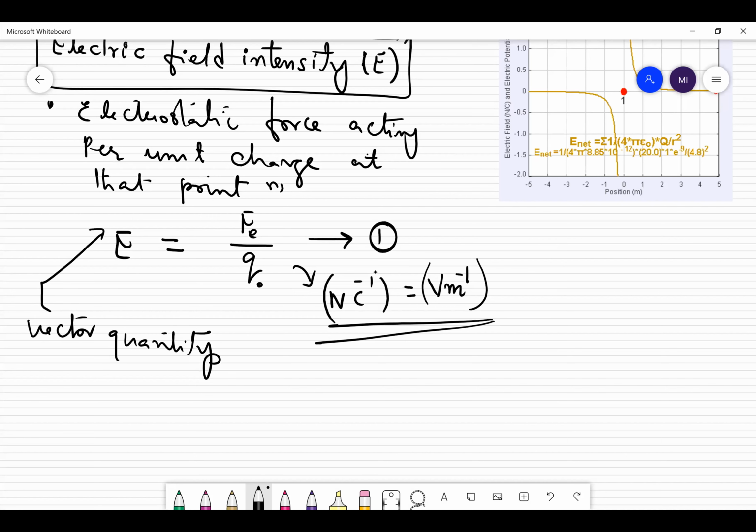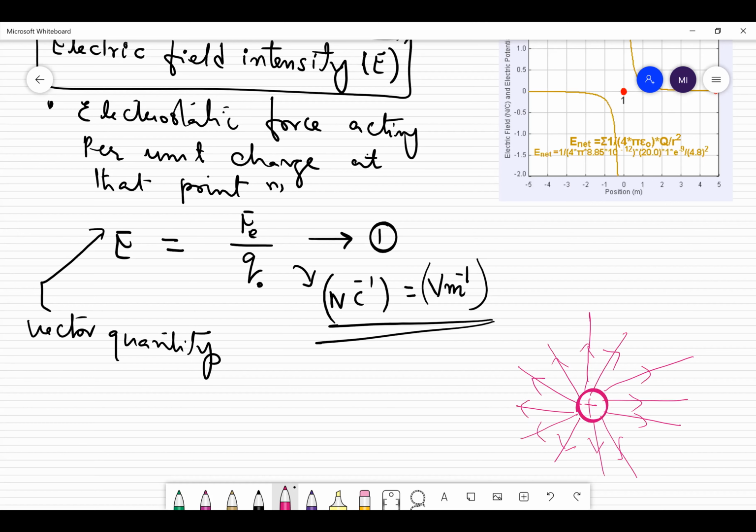For example, if we have a positive charge with its electric field lines drawn radially outward, then what will be the electric field intensity at a particular point?